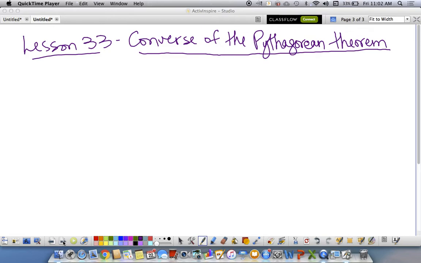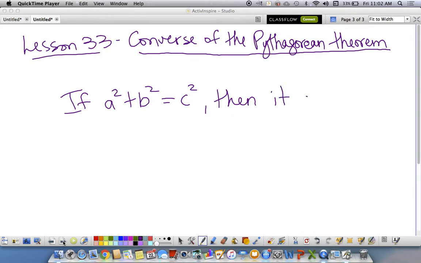This says if A squared plus B squared equals C squared, then it's a right triangle. The general rule.